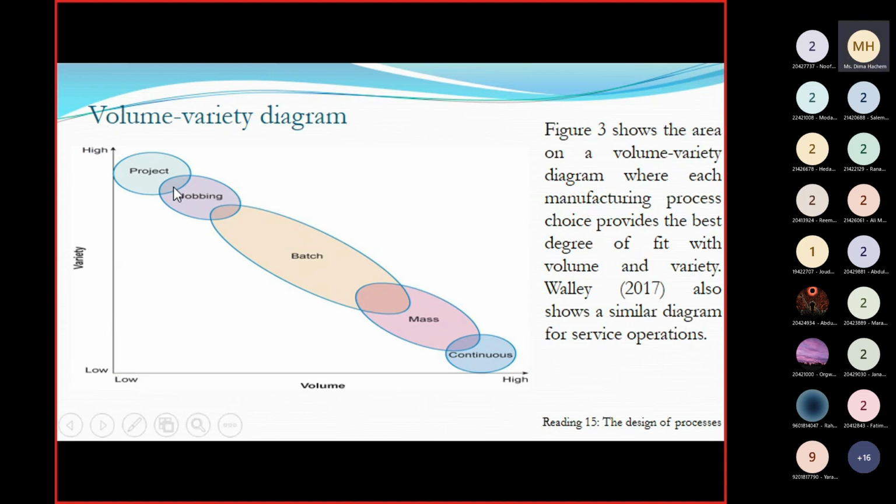Okay, so here are the processes that we discussed. As you can see, a project has high variety and low volume. And as you go down, okay, things will change. Jobbing has a lower variety and a higher volume, right?